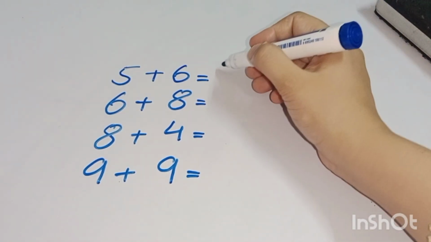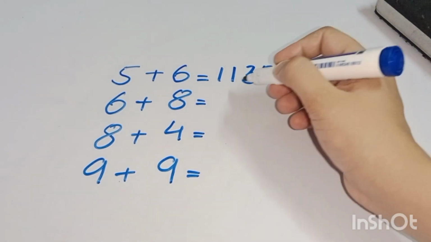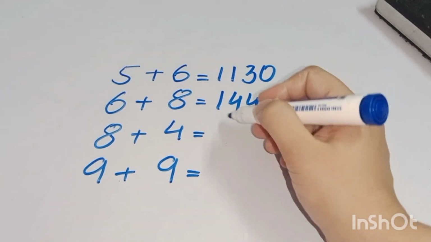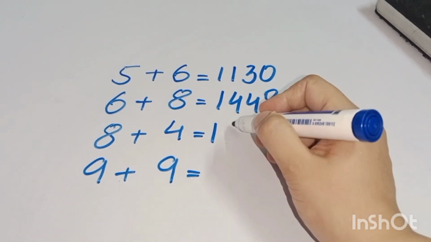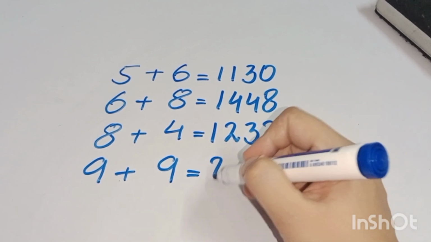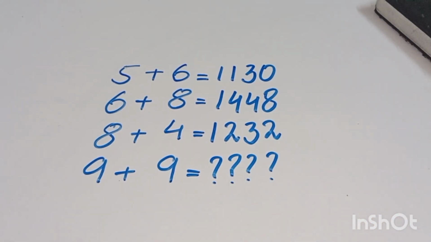Their answers are 1130, 1448, third equation 1232, and the last would be our required answer. Can you solve this puzzle in a few seconds? There is a very simple logic behind this puzzle.